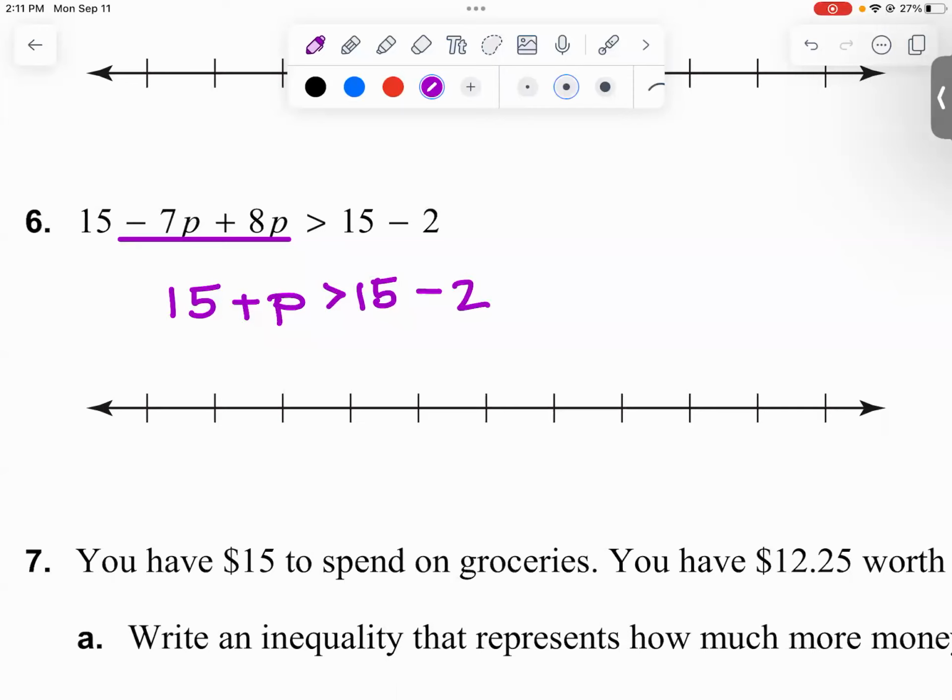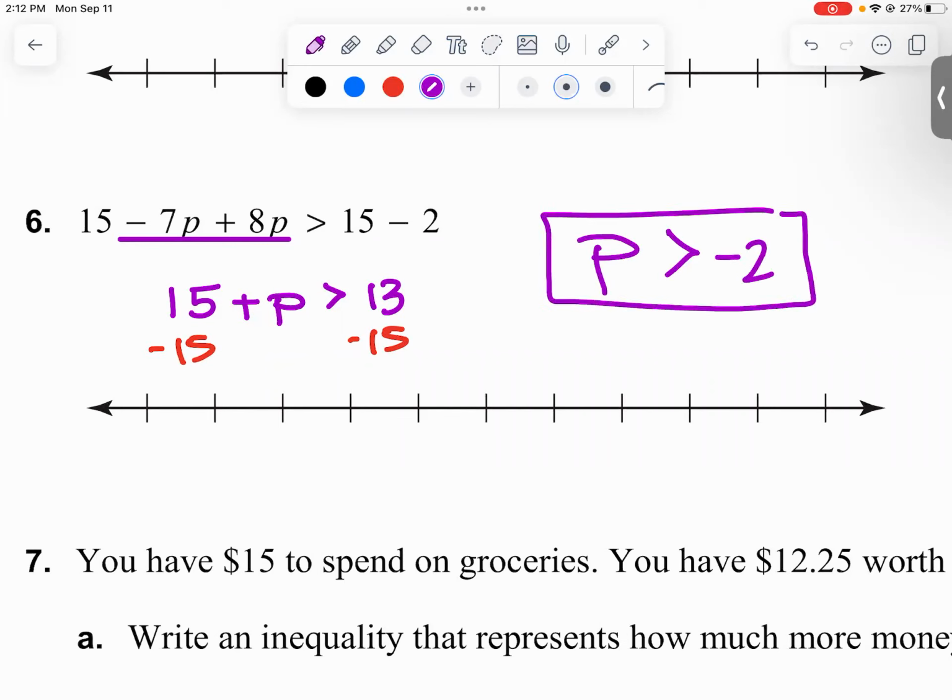Oh, what can we do on the right side? Okay, what's 15 minus 2? 13. So we can combine like terms on both sides. Now, if we subtract 15 from both sides, we're getting P is greater than -2.